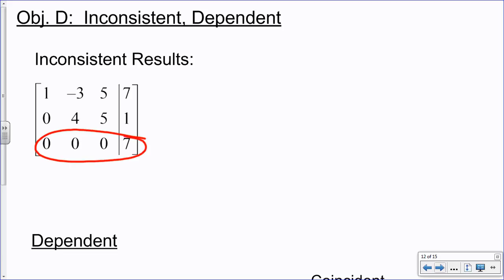The 0, 0, 0 means you have no variables left. They all cancel. And that's saying 0 equals 7. Well, I know that's false. That is not true. So that is no solution, or what we've called inconsistent.